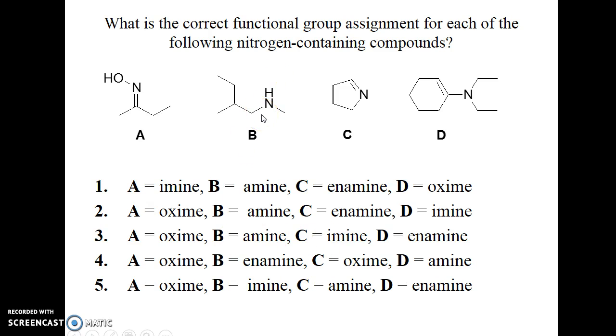B, is that an amine? Yes, that's an amine. You don't know anything about this, but it has to be number 3, so this is an oxime. This is actually from hydroxylamine. Hydroxylamine, when it forms an imine, is called an oxime.